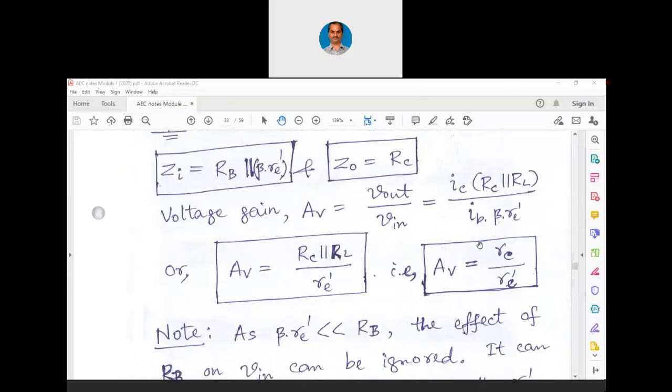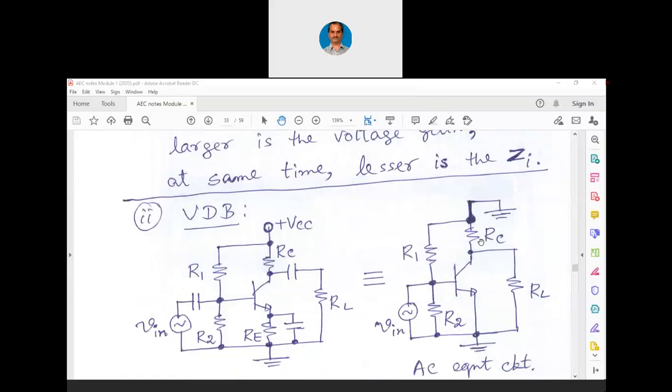Similar to base bias, we can have this voltage divider bias. Now, look at this voltage divider bias. R1 and R2 are the DC counterpart. As far as the AC ground is concerned, we can write it this way. Capacitor is short, and I had told you about the DC bypassing capacitor at the emitter.